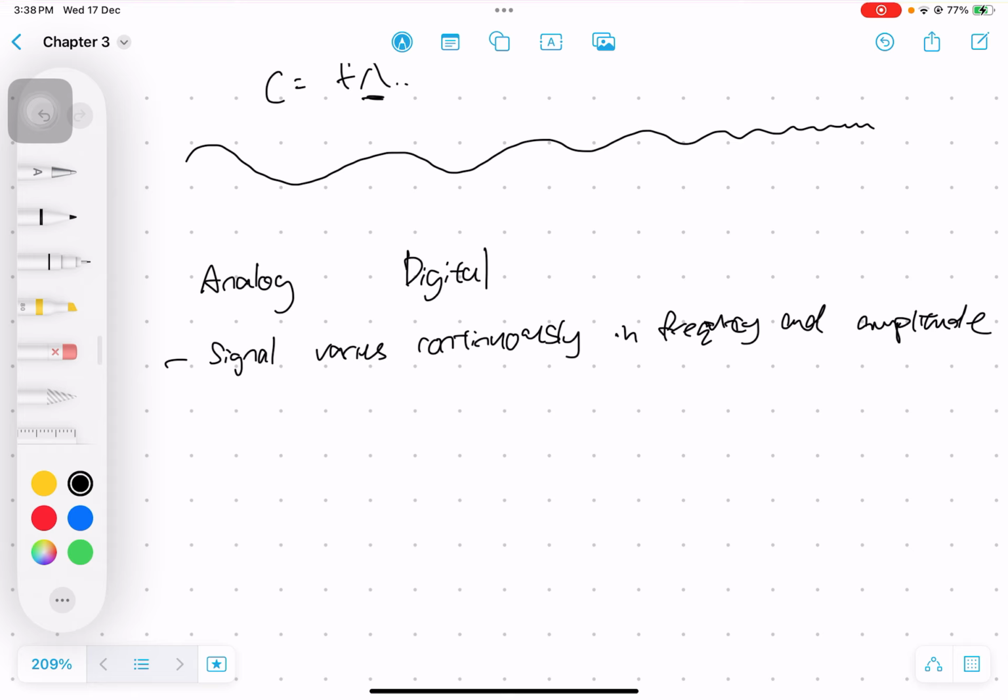Digital consists of either on and off, or two values, 0 and 1 only.